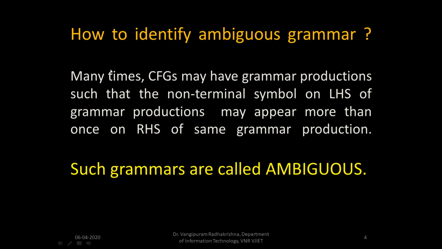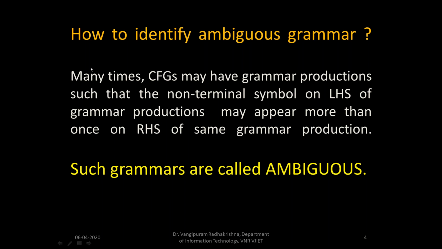So instead of going for a derivation approach, we can conclude the given grammar is ambiguous by using a simple verification process wherein we should be able to identify, from the given set of context-free grammar productions, whether there is any production such that the non-terminal present on the left-hand side of the grammar production appears twice or more on the RHS part of the same production.